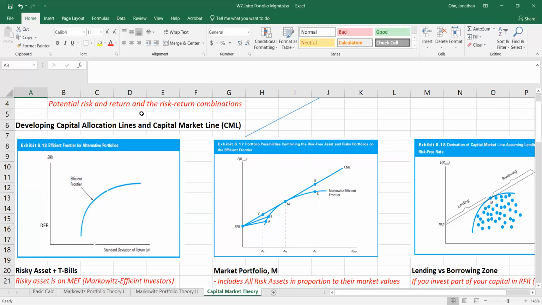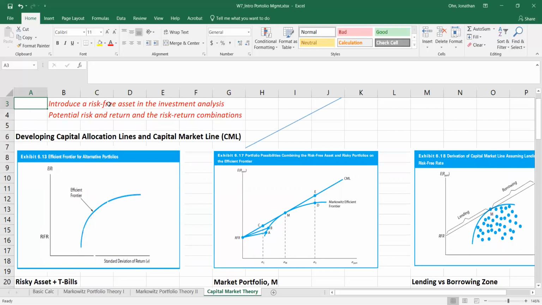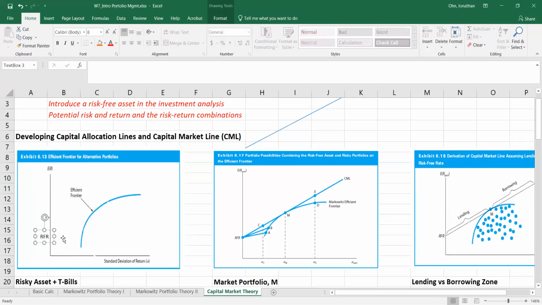But as I said, we introduced the risk-free asset in the investment analysis. A risk-free asset means zero risk, so it should be on the y-axis. It is located here, the risk-free rate of return there. We can locate that risk-free asset on the y-axis with zero standard deviation, or zero risk.